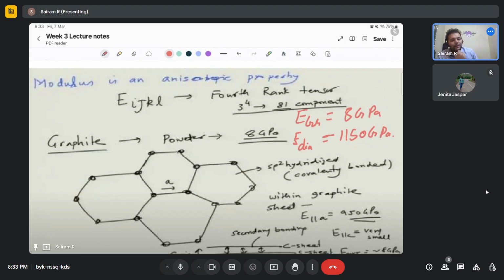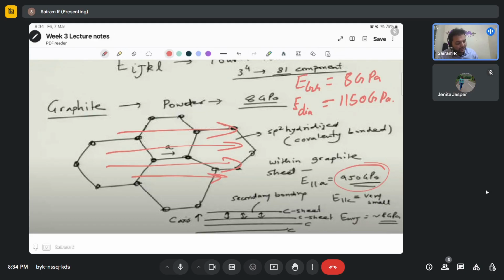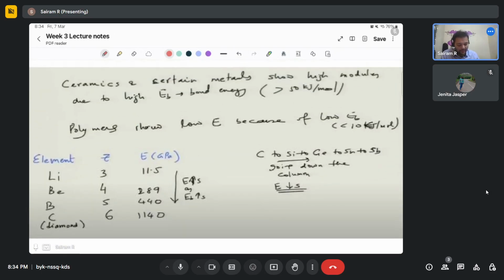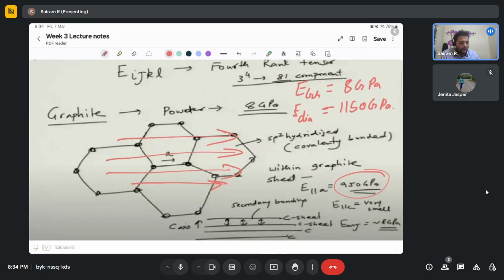If we try to measure the modulus of the graphite sheet parallel to the sheets, then it is also very high. The E parallel is about 950 GPa, which is not quite the same as the 1100 GPa that diamond has, but it is considerably high.